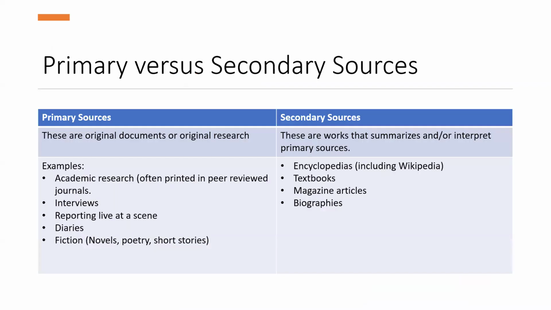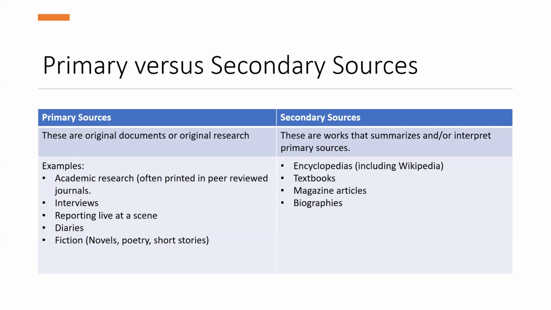So how do you know if something is trustworthy or not? Well, it's not always straightforward, especially with AI and stuff like that nowadays. It's really hard to tell whether a source is trustworthy or not. Generally speaking, primary sources tend to be more accurate compared to other sources.